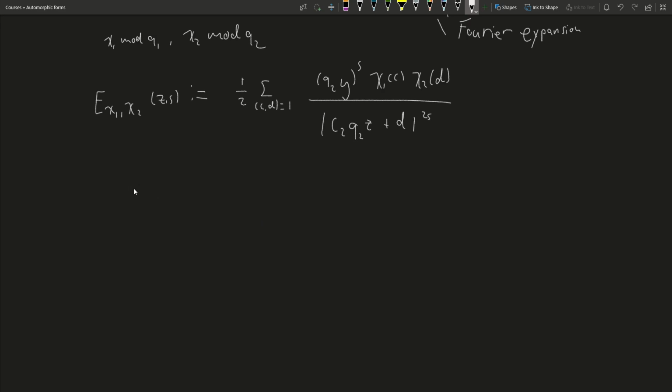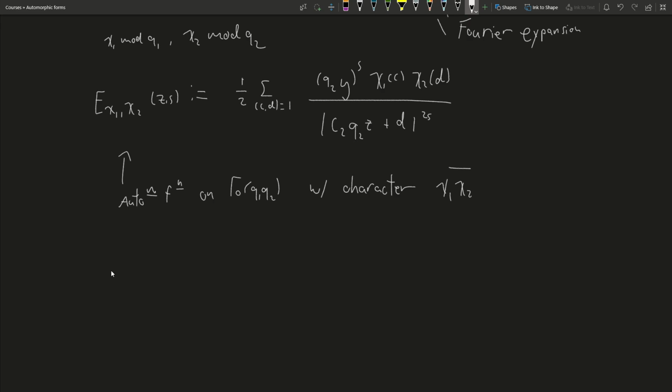So this is an automorphic function on gamma naught (q1, q2) with character chi1 chi2 bar.